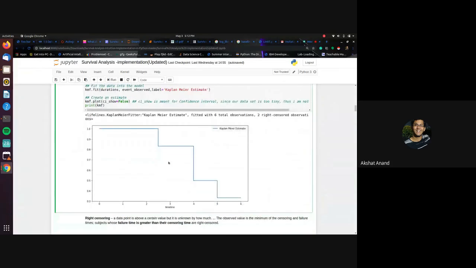So from the graph, we can see that all the customers will be there for 2.5 seconds. They will survive 2.5 seconds, and then it decreases to almost 85% till 4 seconds, and then it decreases as the timeline increases.